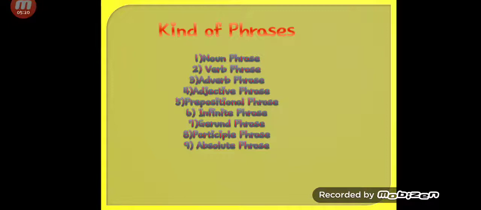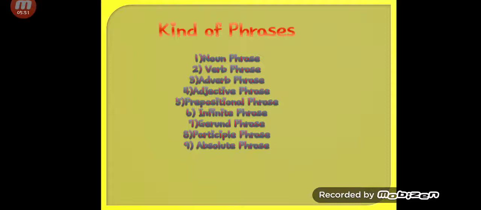Verb phrase. This type of phrase has a verb with another helping verb. For example, you may need some help with his homework. You may need is a verb phrase. She did do what she had set out to do.